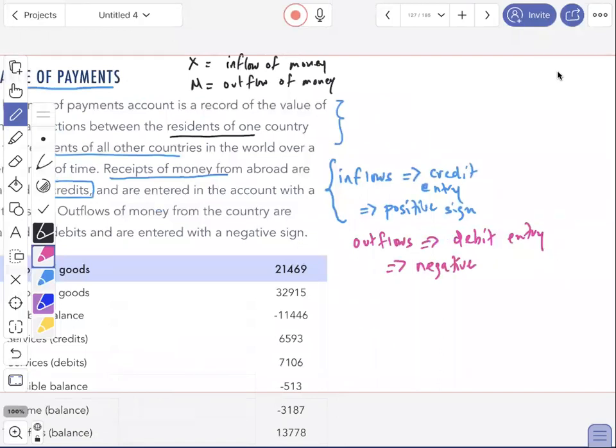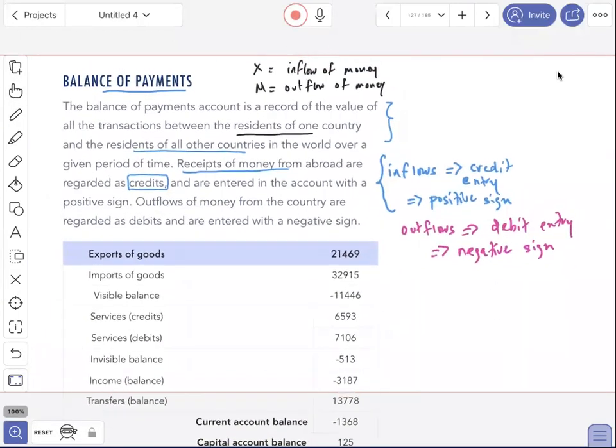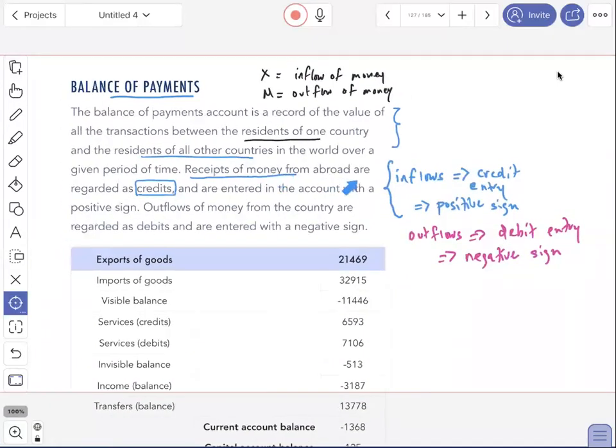Outflows reduce your money, so you'll record it as a debit entry or negative sign. So we wrote here that receipts of money from abroad are regarded as credit entries, while all the outflows are regarded as debits or are entered with a negative sign.